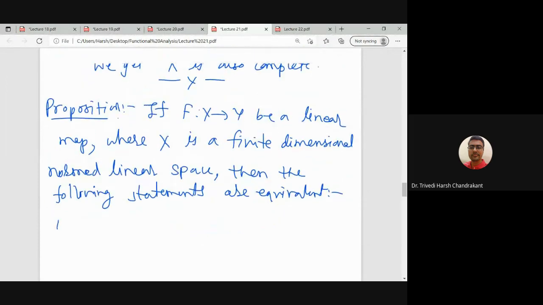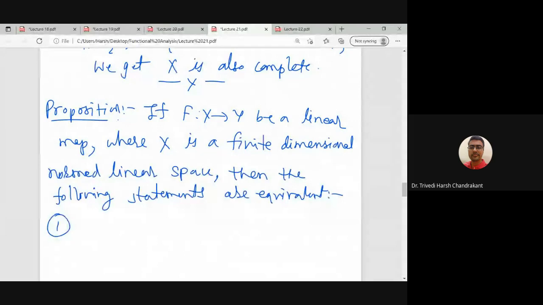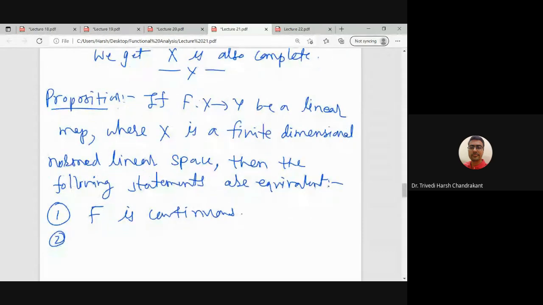So the first statement is that the function f is continuous. And the second statement is that the kernel is closed.